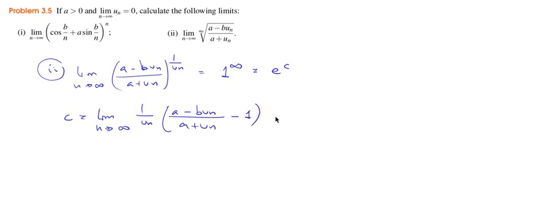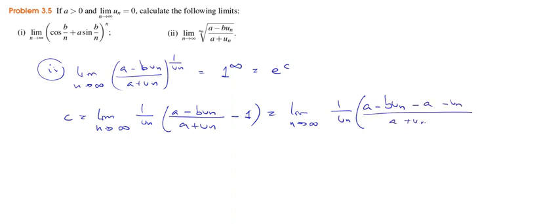So the limit when n goes to infinity of 1 over u sub n, times a minus b u sub n minus a minus u sub n, all over a plus u sub n.